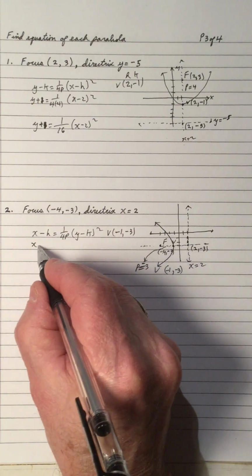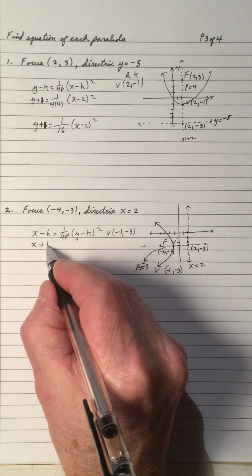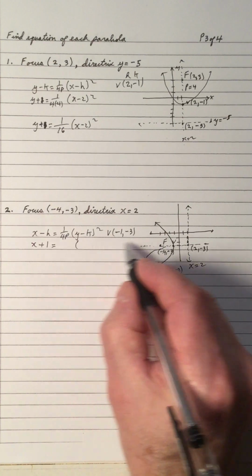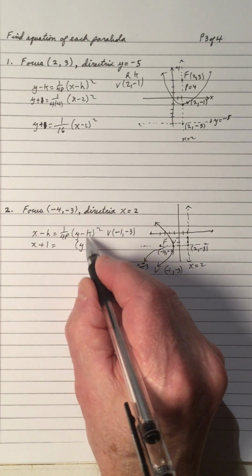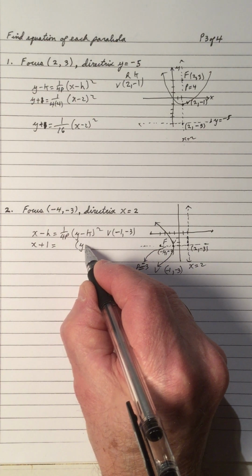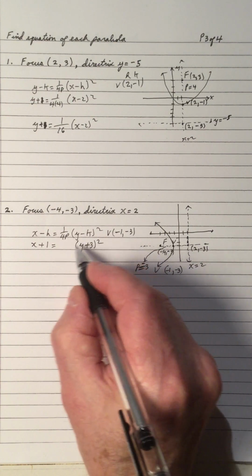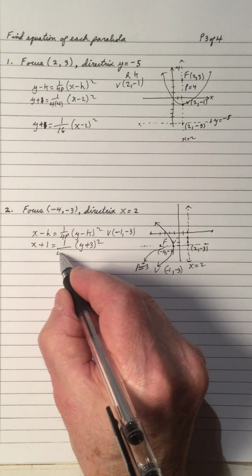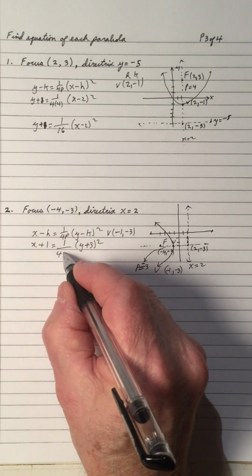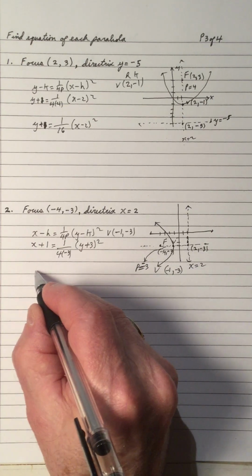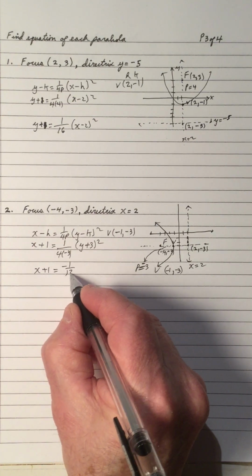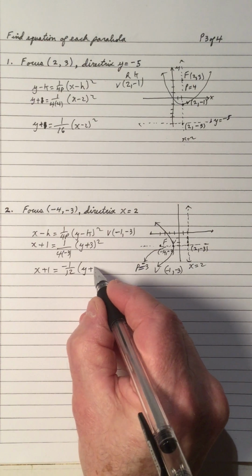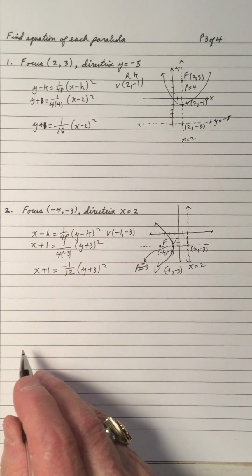X is -1, so the negative of a negative is a positive. And k is -3, so it's y, the negative of a -3 is a +3. And p is -3. So the equation is x plus 1 equals -1 over 12 times y plus 3 squared.